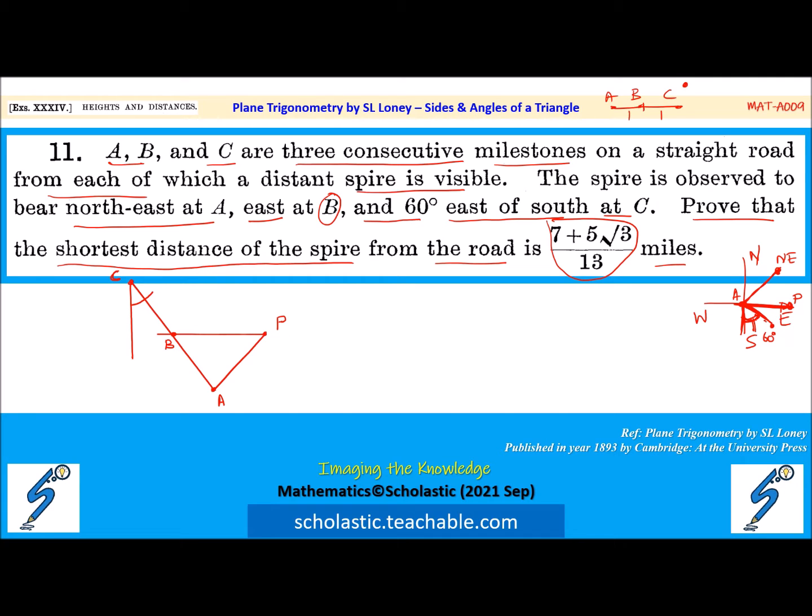That means if you draw a line from here to spire, this angle is 60 degrees. Correct? Interesting, isn't it? So AB is equal to BC is equal to 1 mile. This is given.